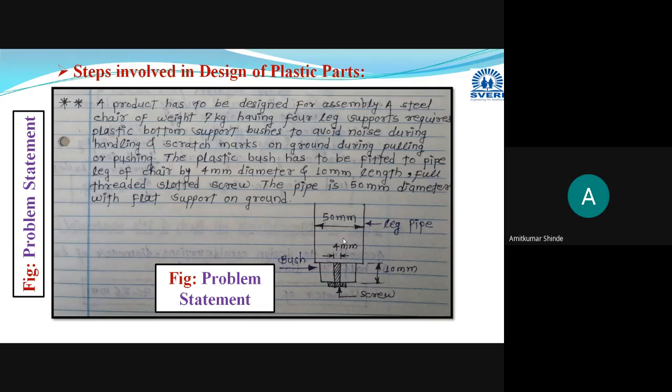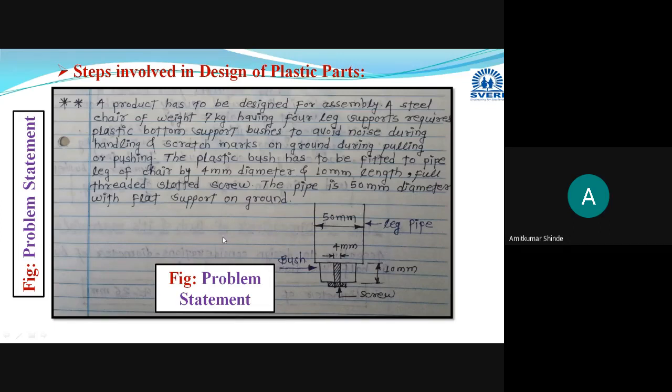Now you have to decide the dimensions of this bush with the boss, which means you have to design a bush and the boss and all its related dimensions, and this is the given data.